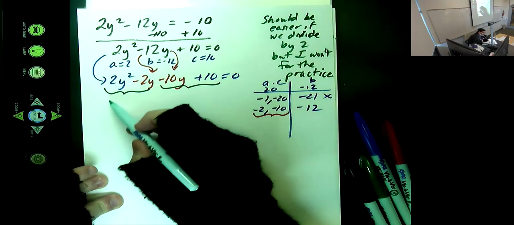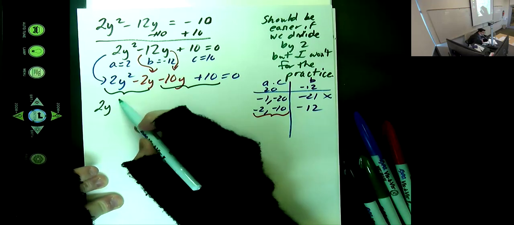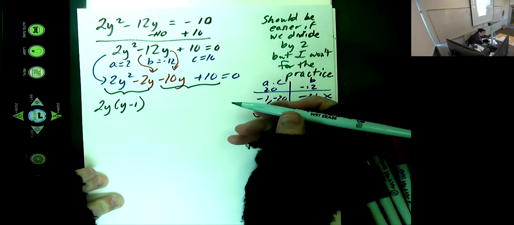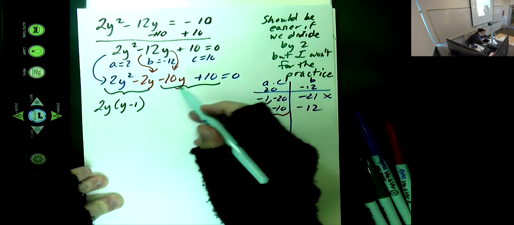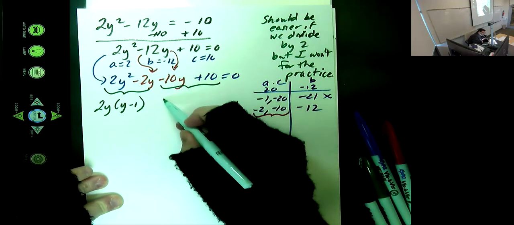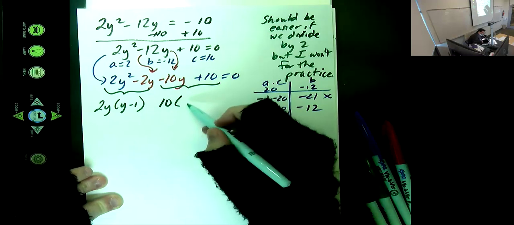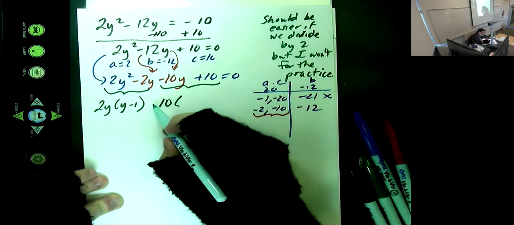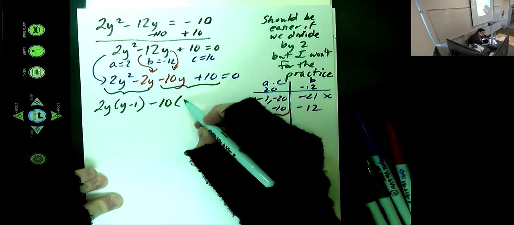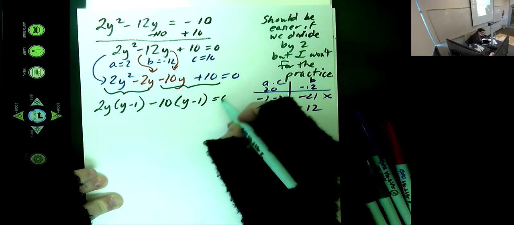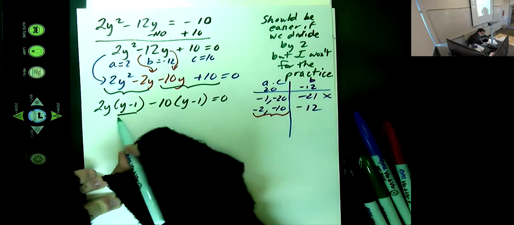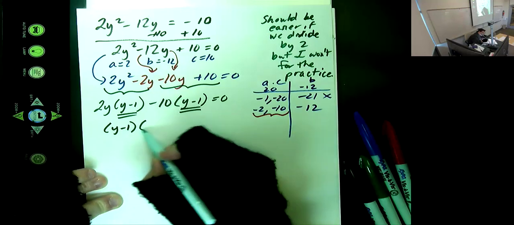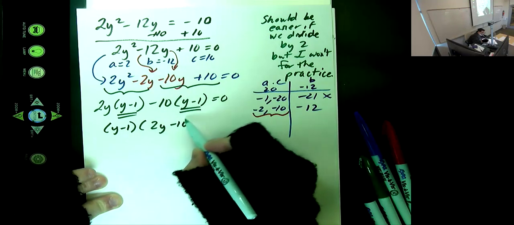Looks like I can factor out a 2y here, leaving y -1. And if I want, it looks like I can factor out a 10. If I leave it as a positive 10, I'm going to have a negative y plus 1. So I want to factor out a negative. That'll make this a y -1. And the idea is that these repeat, so that we can factor again. We get that.